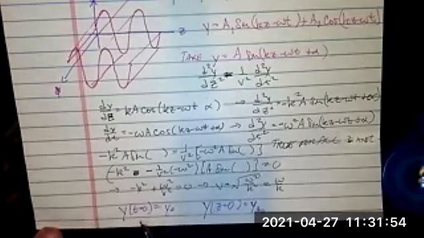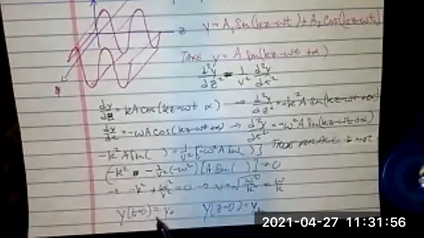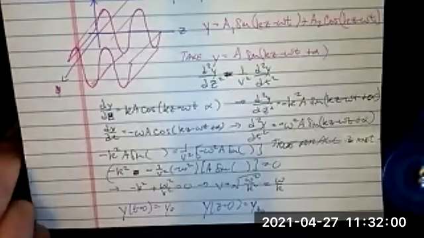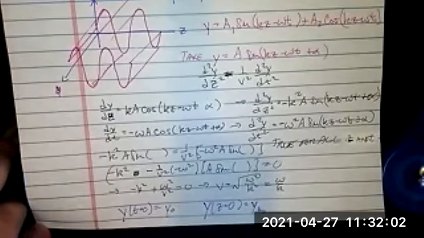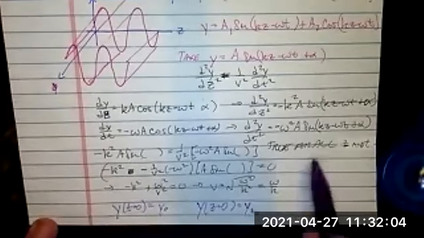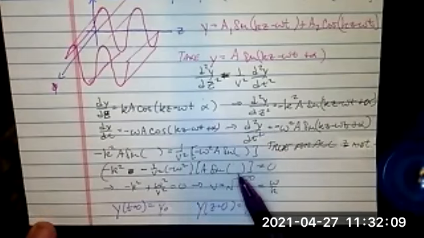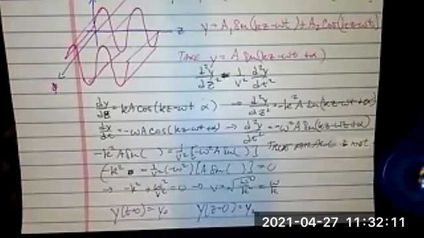In other words, they'll give you a z and a t equal to 0 and tell you what y is in that case, and that gives you two equations. Those two equations are enough to evaluate A and alpha. So that's really how you solve these equations.